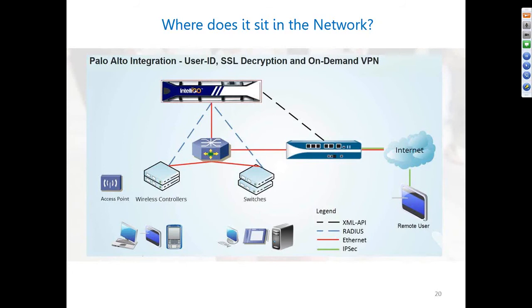Yeah, IntelliGO actually sits in a very simple place in the network, and we are where the directories are. We are where Active Directory would be. We are an authentication system, and so we're in a protected segment of the data center that can receive authentication requests from your network switches, VPNs, or access points. This makes sure that we're in a protected segment, so not a lot of people can access the device to send authentication requests.